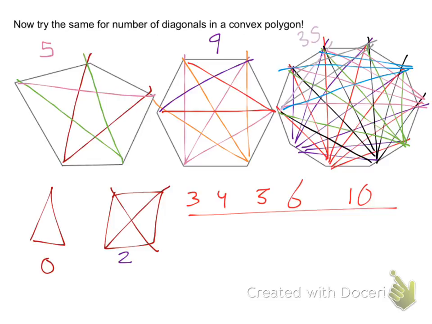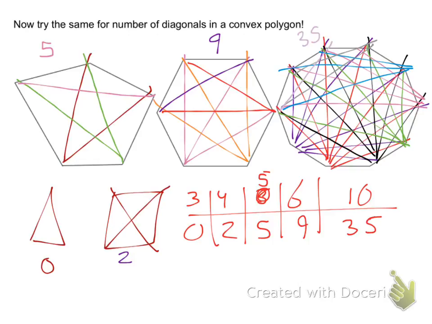We don't know if 10's right, but we know the rest of them are right. 0, 2, 5, 9, and we think that was 35. Nice big leap, doesn't it? Yeah. Well, we didn't have 7, 8, or 9 in there.